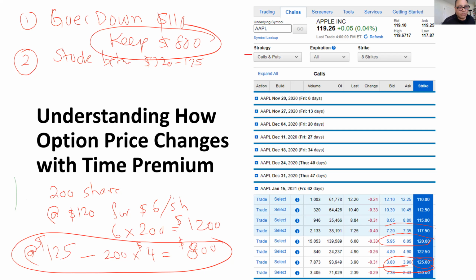Third scenario, the stock goes higher, to 140. This guy will buy from you at 125, 200 shares, plus you keep the $800 rent you collected. Since you bought the shares at 120 or before, you made a small profit of $5 per share, plus you kept the rent of $800. You cannot lose money. There's no way to lose money.